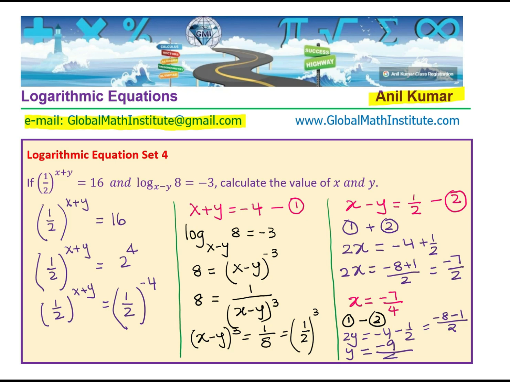Already 2 was there, so over 4. Do you see that? So we get the value of y. So we have both the solutions on this page. x is minus 7 by 4 and y is minus 9 by 4. Is that clear to you? At the end, there was very little space, so I kind of squeezed it in. I hope that still works.